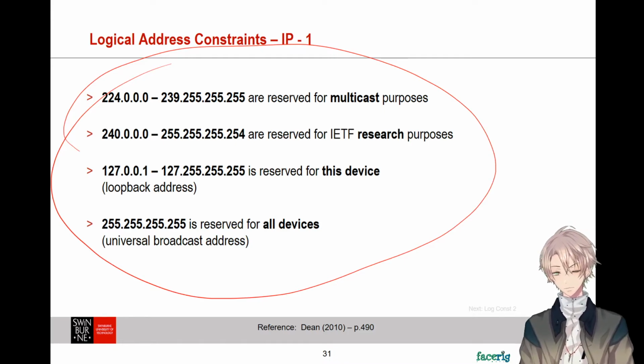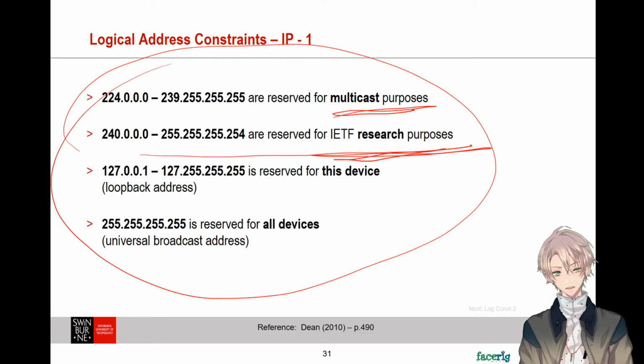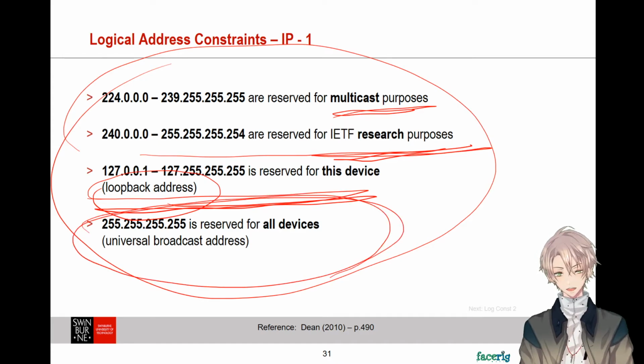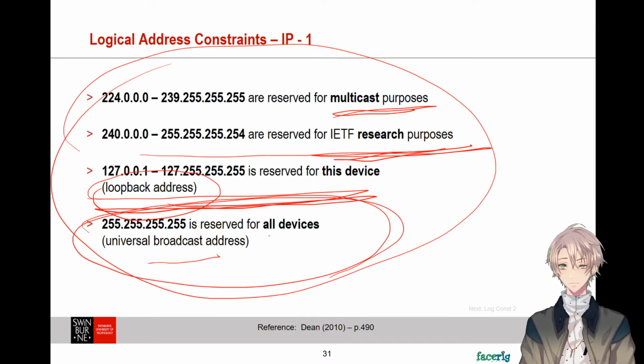Okay, 224.0.0.0 until this is for multicast purpose, and this is for IETF research purpose, and this is for your device to talk to itself, which is a loopback address because devices get lonely sometimes. And 255 until the end is what we call reserved for all devices, a universal broadcast address.